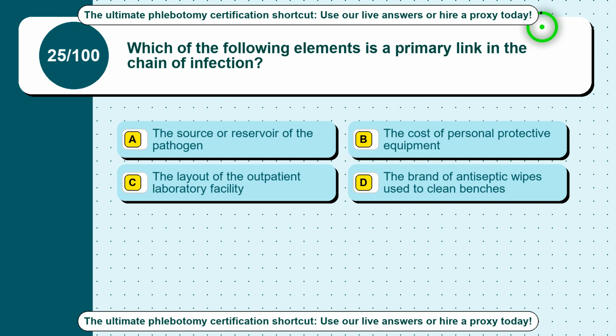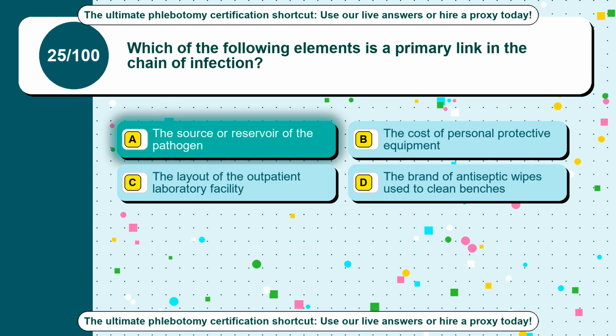Question 25. Which of the following elements is a primary link in the chain of infection? Option A. The source or reservoir of the pathogen. Option B. The cost of personal protective equipment. Option C. The layout of the outpatient laboratory facility. Option D. The brand of antiseptic wipes used to clean benches.